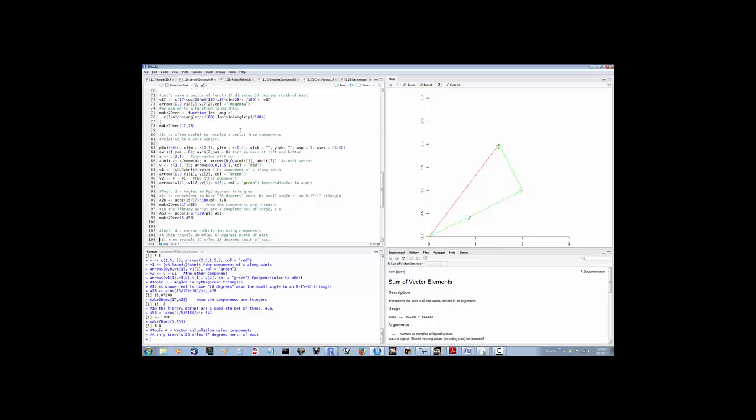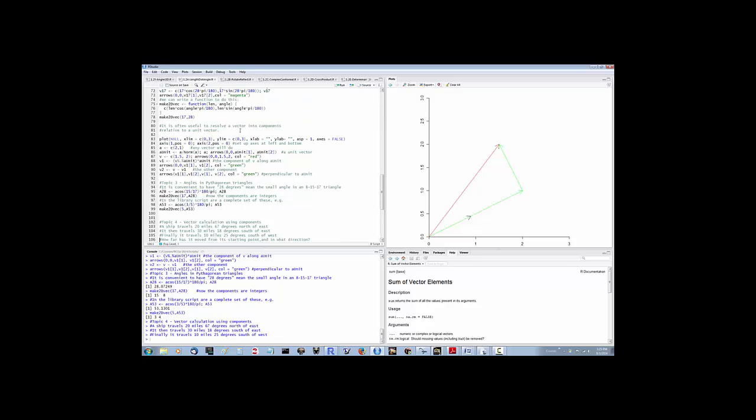Now let's think about how we can do calculations involving vectors specified in terms of length and direction. This is a very standard operation in elementary physics courses. So we've got a ship. It travels 20 miles along a direction 67 degrees north of east, then 30 miles 18 degrees south of east, then goes 10 miles 25 degrees south of west.